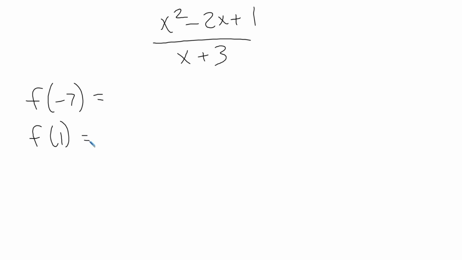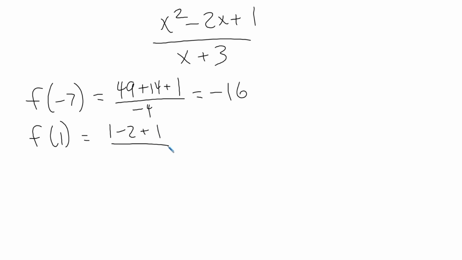Well, if I plug in negative 7 to that, I get 49 plus 14 plus 1 all over negative 4, which comes out to be 64 over negative 4, which is negative 16. And if I plug in 1, I get 1 minus 2 plus 1 over 4. Well, 1 minus 2 plus 1 is just 0, so that's 0.